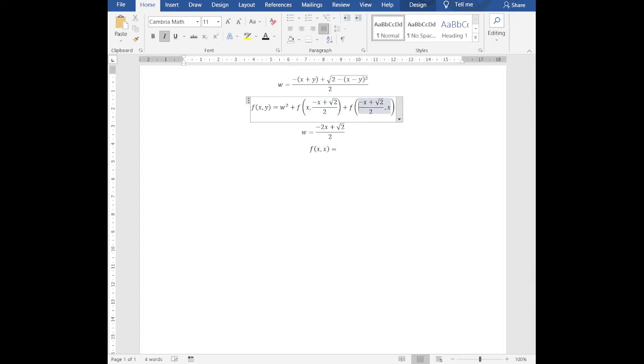Those x's will cancel with this one. And that is not going to lie along the line f of x x. Because, well, at least not all the time, because those terms are not necessarily the same. So this isn't going to be the case.